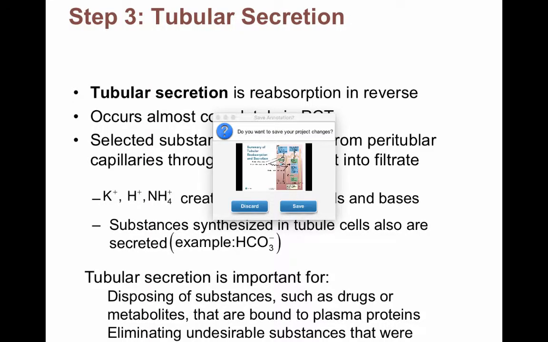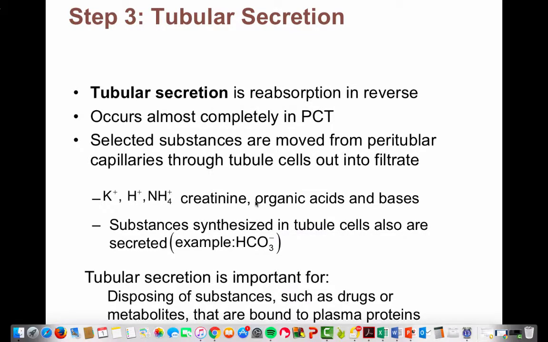And so the last part is tubular secretion, and this is reabsorption in reverse. This occurs almost completely in the proximal convoluted tubules.